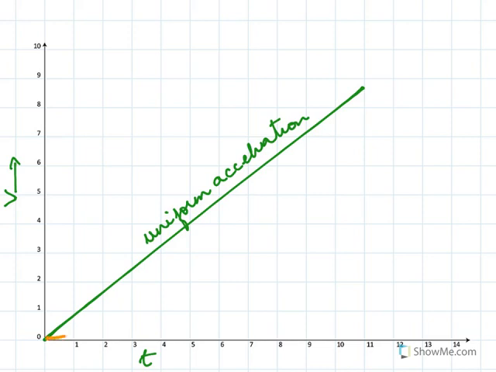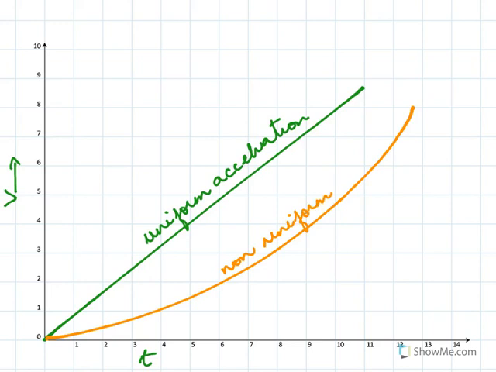But if the graph is this, it is non-uniform acceleration, which means the body increases or decreases its velocity by unequal amounts in equal intervals of time.